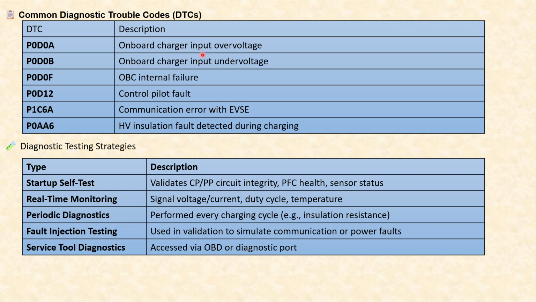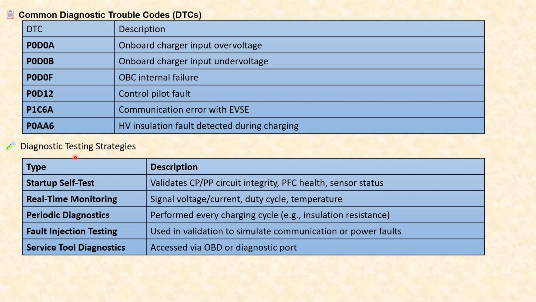Above is over voltage and this is under voltage. Now P0D0F means that the onboard charger has some internal failure. P0D12 is control pilot fault. P1C6A is communication error with EVSE. P0AA6 is HV insulation fault detected during the charging.